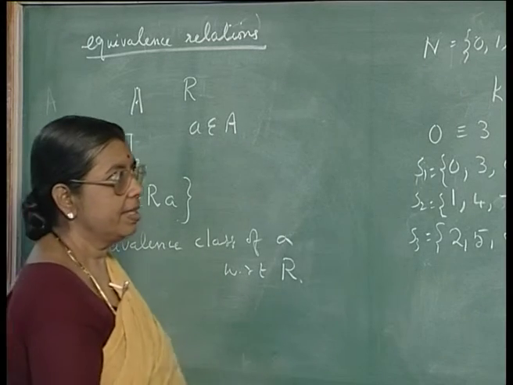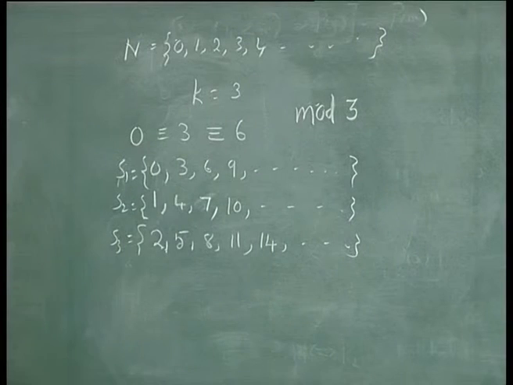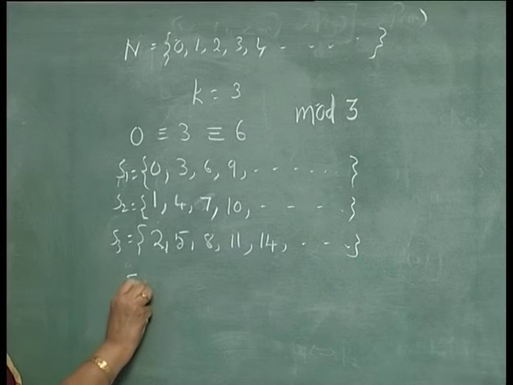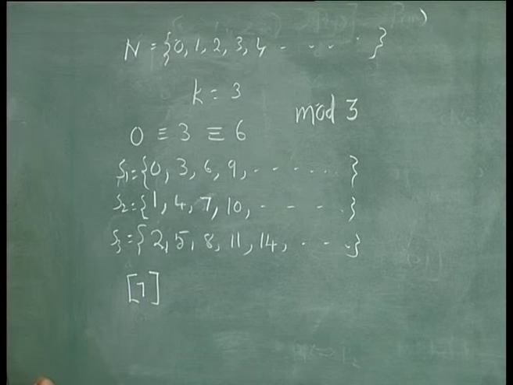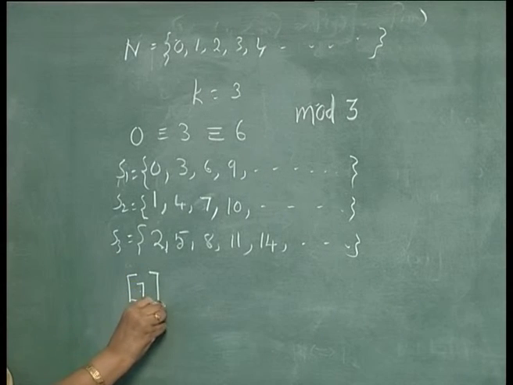Now, let us consider this example, mod 3. If you take, say, 7, what is the equivalence class of 7? It is all elements which are equivalent to 7 by this relation.